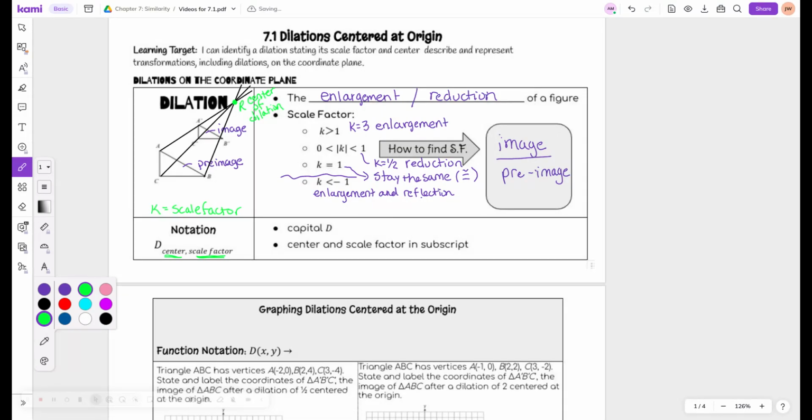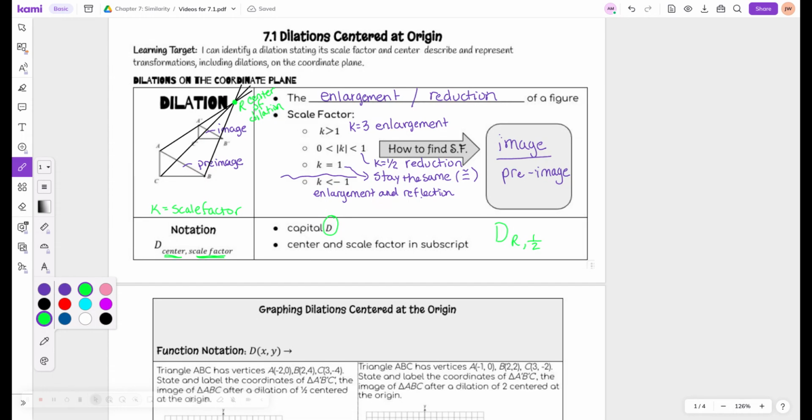If I were to write this with proper notation, the D represents dilation. So I write D, then my center, in this case the letter R, and this might have a scale factor of a half since it's getting smaller. So it's half the size of the original. The image over the pre-image is your scale factor.